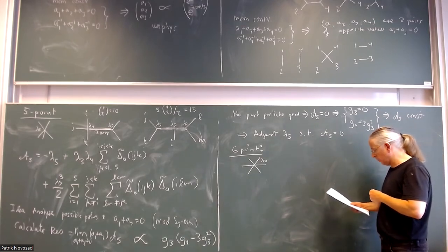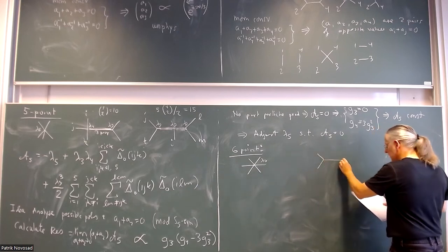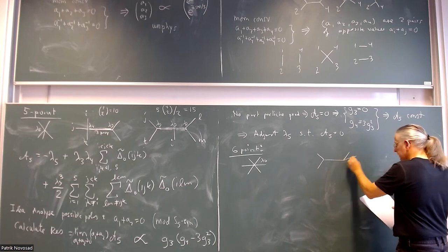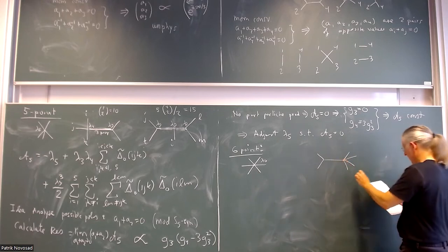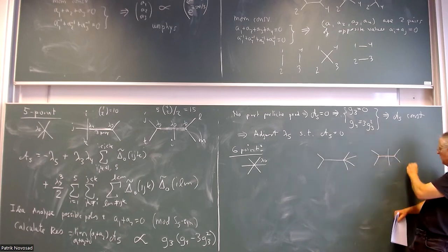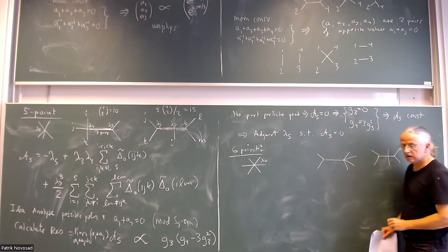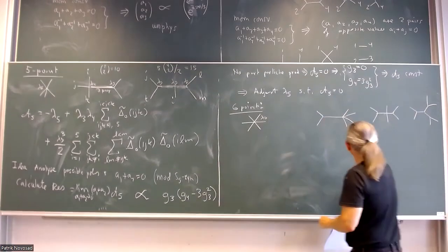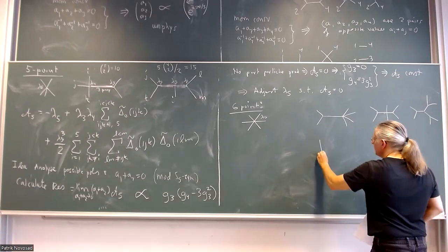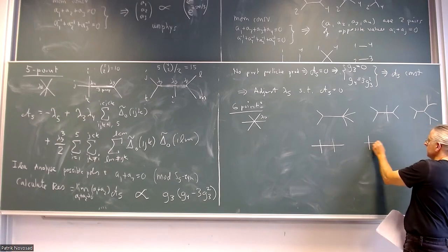So let me first write down the diagrams. We have one here, which is like this, and then we will have something like this. And then we will have some Mercedes-Benz like stuff like this here, and then we will have this, something like this.